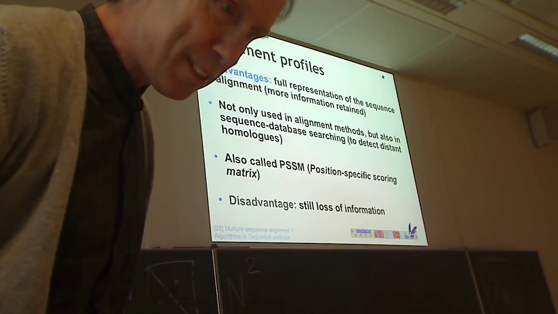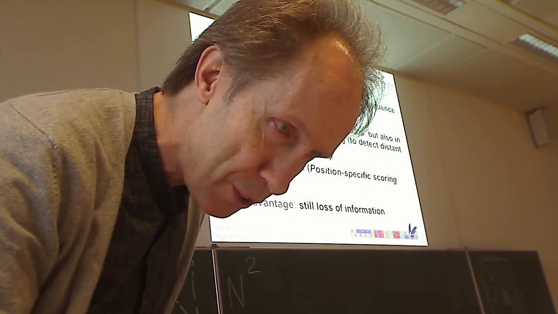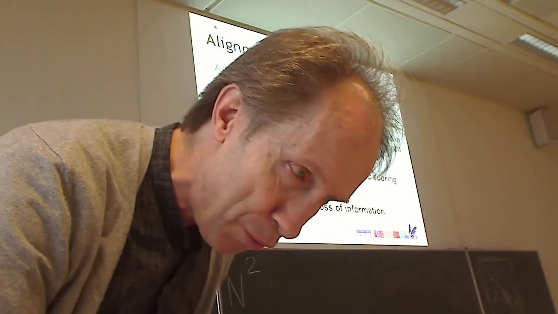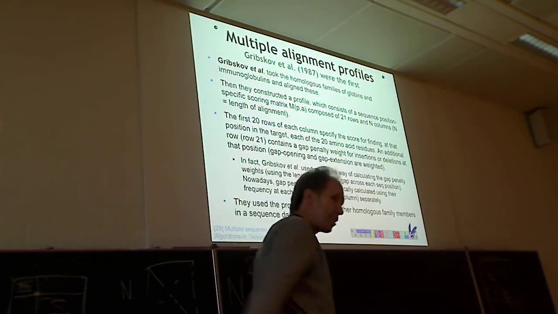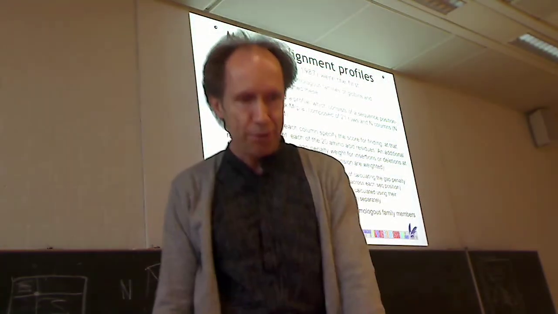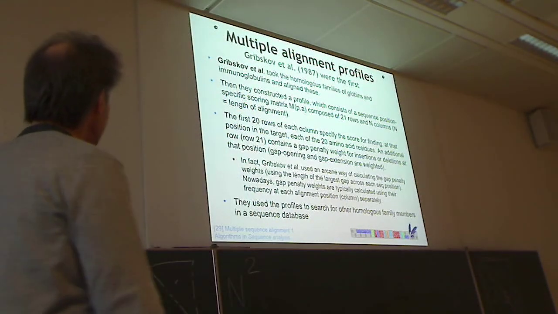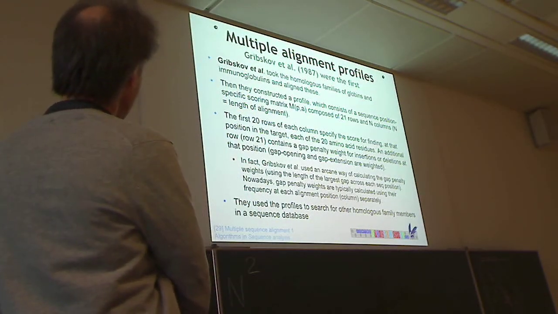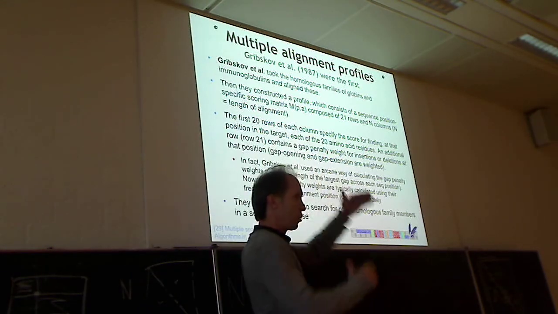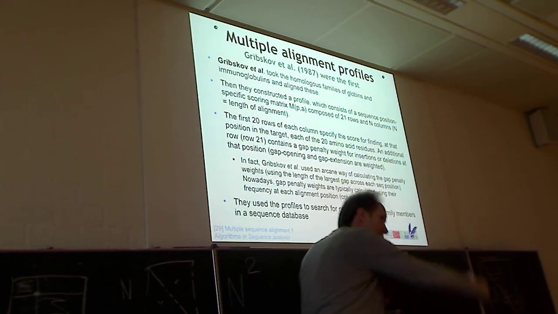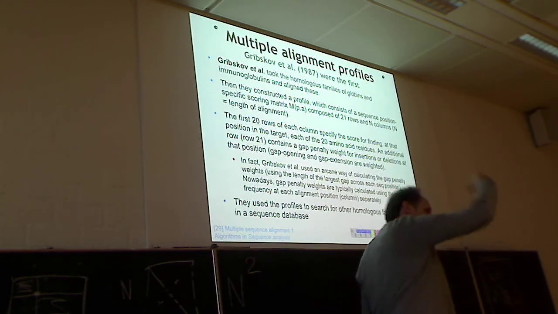And so here I go a bit into history, because that concept of profiles goes all the way back to 1987, when Michael Gribskov, Andrew McLachlan and David Eisenberg were the first to do this. They said, okay, we're going to put in a likelihood for each alignment position. We take a column, 20 positions, and we put in the likelihood of each amino acid at that position.